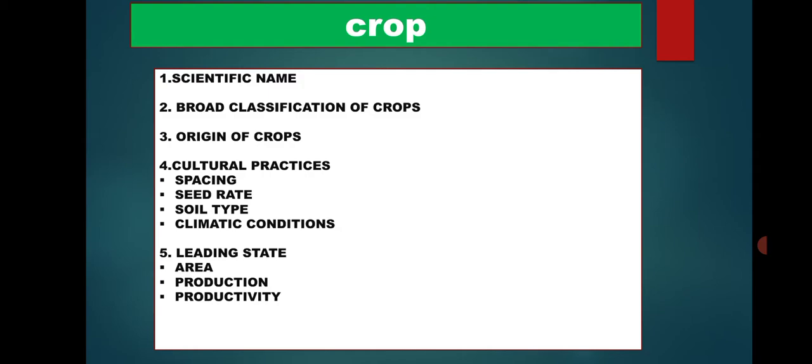Next is origin of crop. For some important crops, origin is very important to know, because a direct question might not come in the exam, but we will face questions like what the climatic condition requirement is.